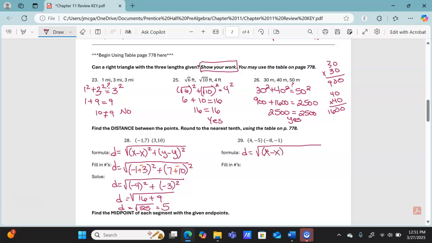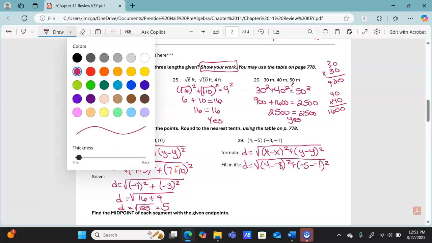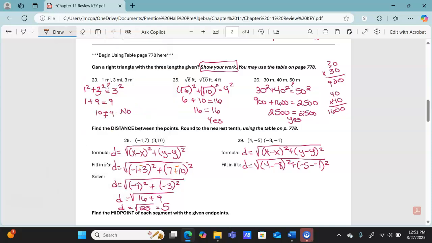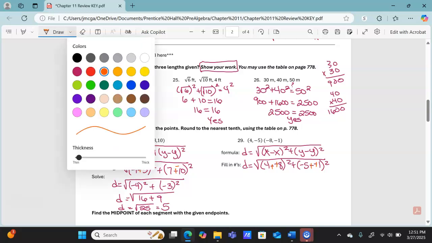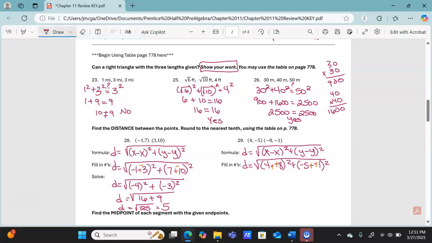x minus x quantity squared plus y minus y quantity squared. 4 minus a -8 quantity squared plus -5 minus a -1 quantity squared. Again, doing the sign change in a different color so that you can see that. When I do my sign change, I always make 2 marks, and those 2 marks have to be between the 2 numbers.